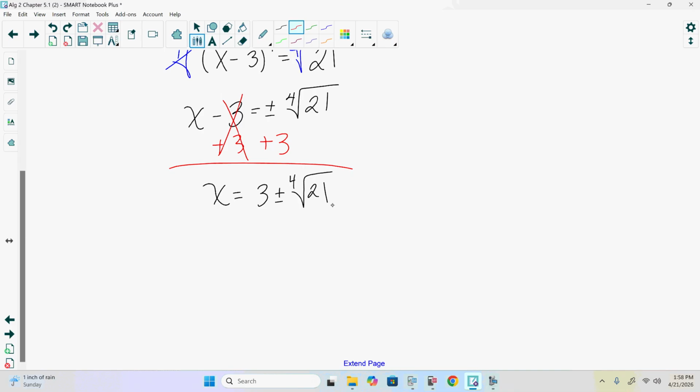Without approximating decimals or approximating anything, can I add 3 and the fourth root of 21? Well, no, we can't just do 3 plus the fourth root of 21 and get a number. They're not like terms, which means we also can't subtract, which means this is the final answer, because if we can add and subtract those two terms, we need to add and subtract. If we're not able to add or subtract without approximating, getting rational numbers, we're going to leave it.